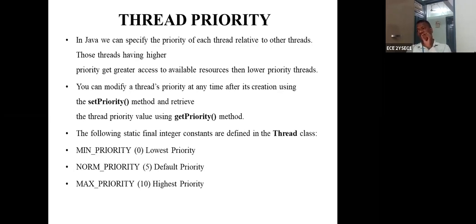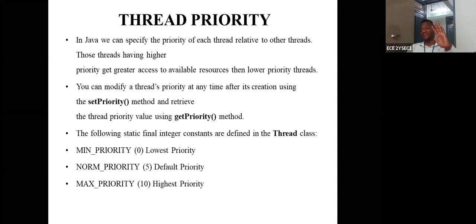Once it has selected a thread, that thread's task should be completed by the CPU, because there is a single CPU, and I don't want to keep the CPU idle. So when a thread is selected, that thread is executed by the CPU.